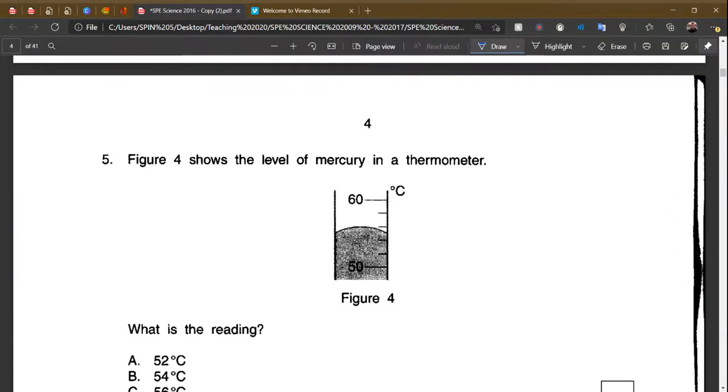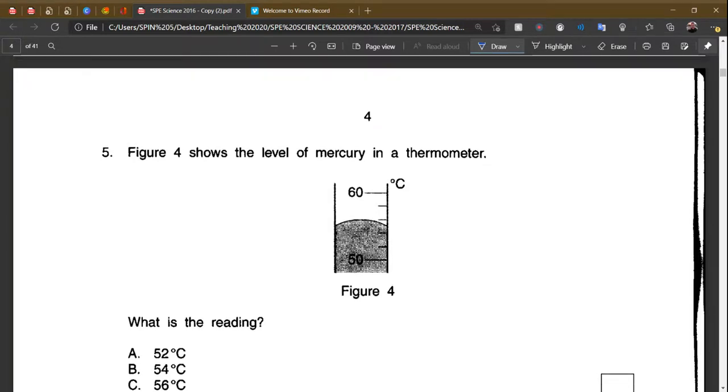Number 5. Figure 4 shows the level of mercury in the thermometer. So mercury is special because mercury is a molten liquid. So usually for normal liquid in a thermometer, we will read the reading below meniscus.